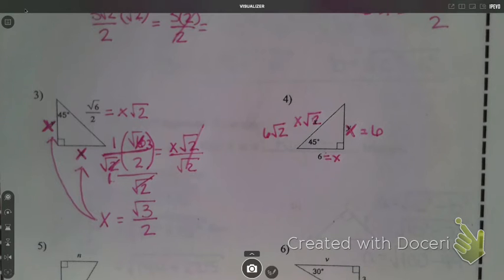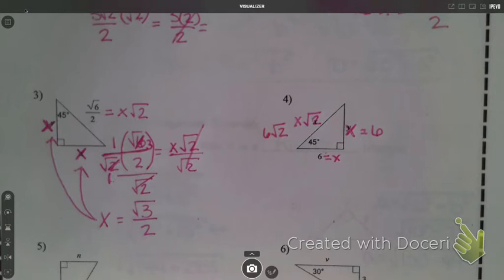Nope. Did you guys get 6, 6, and 6 square root of 2? Yep. Can our homework just be that on our test? Yeah, no. It was the easiest one in the whole thing, wasn't it? Any questions, Raya?